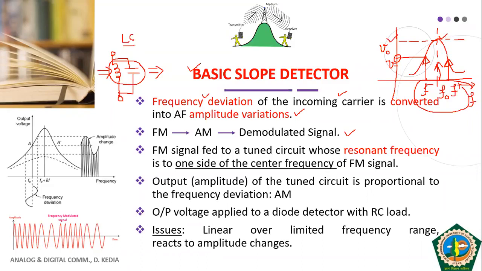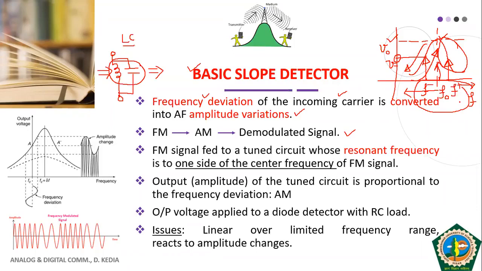On either side, if I go towards the left hand side of my resonant curve, then as I move away from the center frequency, my amplitude is reducing. And if I come back in the reverse direction, then my frequency is increasing and my amplitude is also increasing. Similarly, on the other side, the same kind of trend is obtained.